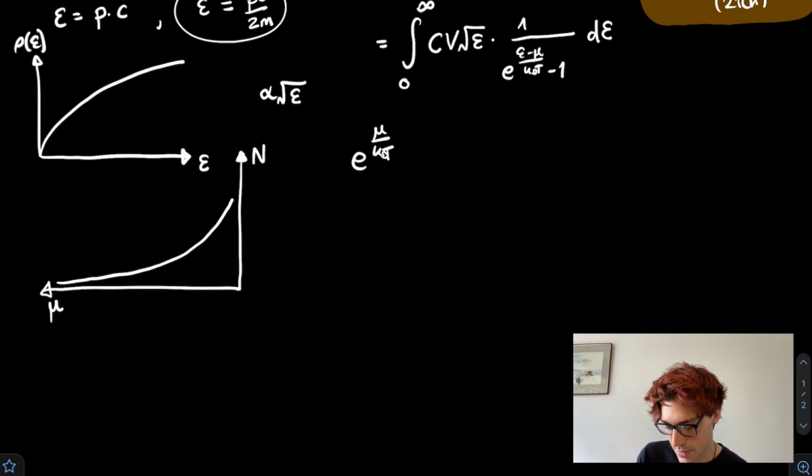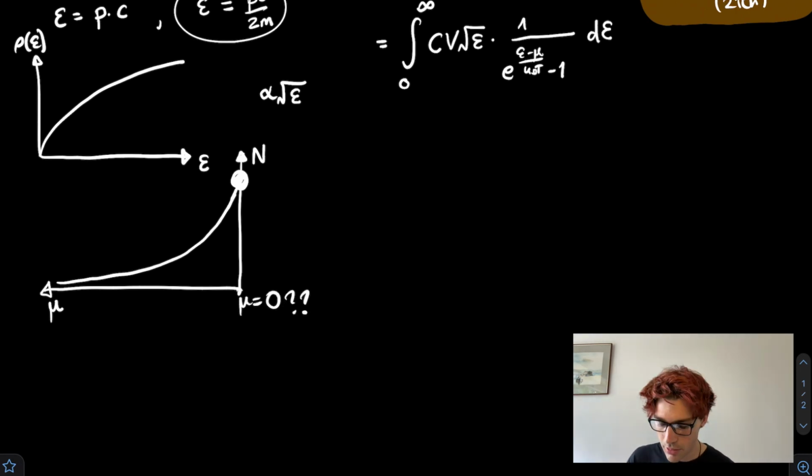So we're going to get this reverse exponential curve right here. Now, this was in the classical regime, but what's going to happen when mu gets very close to zero? We want to find out what happens at this critical point. What happens when the chemical potential equals zero? This is basically what happens when we start getting the effects of Bose-Einstein condensation.